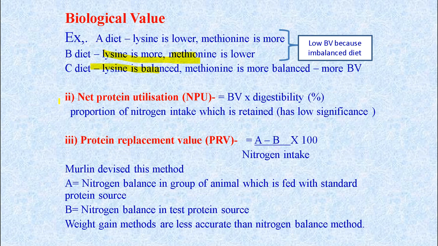This has got low significance, whereas the protein replacement value, or PRV, is equal to A minus B into 100 divided by nitrogen intake. Here Merlin devised this method, where A is equal to the nitrogen balance in a group of animals fed with a standard protein source, meaning it is already a calibrated thing, whereas B is the nitrogen balance in the test protein source.